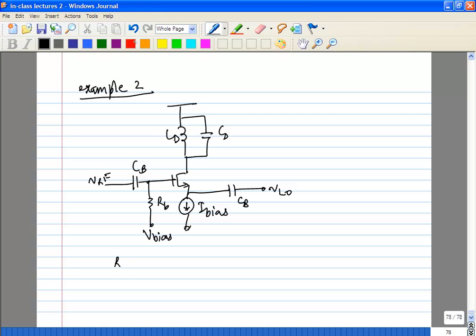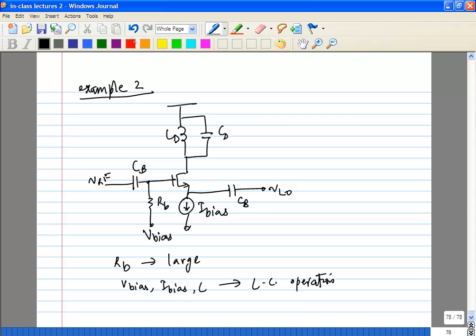Let's assume a few things. R bias is large, it doesn't leak your RF signal and it doesn't have any noise. So you choose that large enough. We're going to choose the bias conditions and the length such that it's in proper long channel operation.